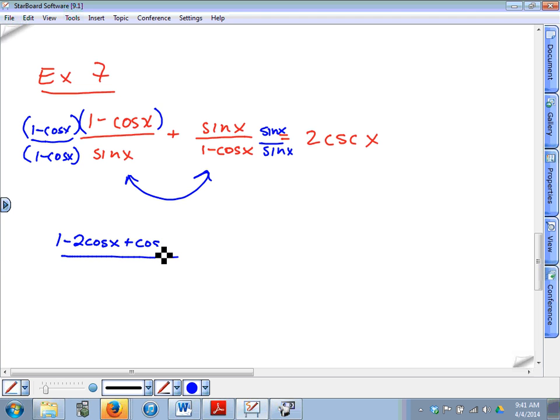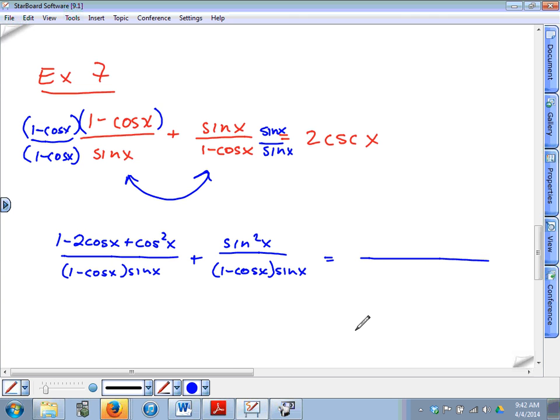There you go. Over our common denominator, 1 minus cosine of x times sine of x, plus sine squared of x over our common denominator, 1 minus cosine of x times sine of x. Now let's combine those into one glorious fraction.